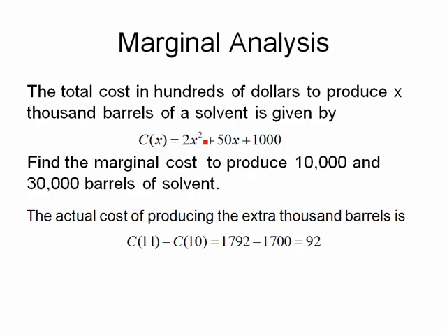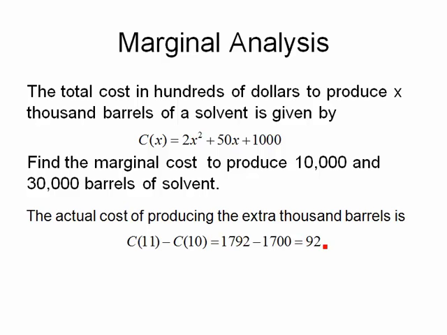Now the actual cost of producing that extra 1,000 barrels, to find that, I would have to go ahead and do C of 11 minus C of 10. That would be 11 into my cost function, which gives me 1,792. 10 into my cost function gives me 1,700. When I subtract those, I get 92.